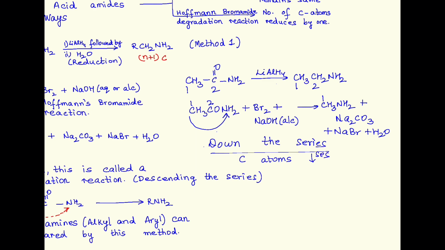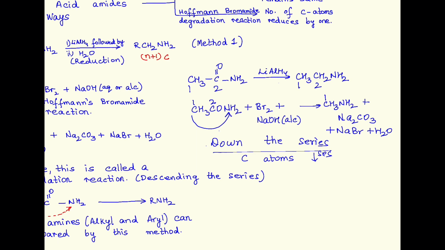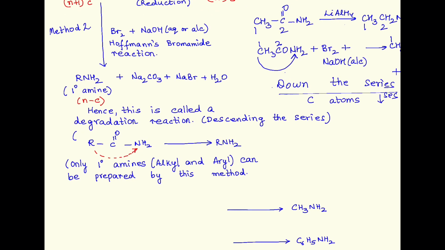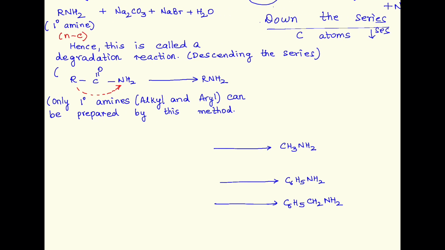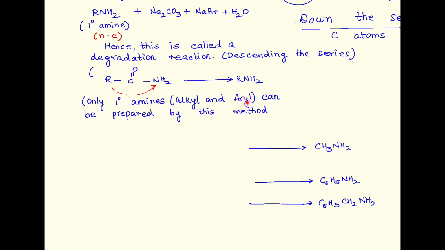This is a very, very important method, especially when it comes to conversions. That is the reason it is known as degradation reaction or Hofmann's degradation reaction. And you can prepare alkyl as well as aryl derivatives using this particular method.